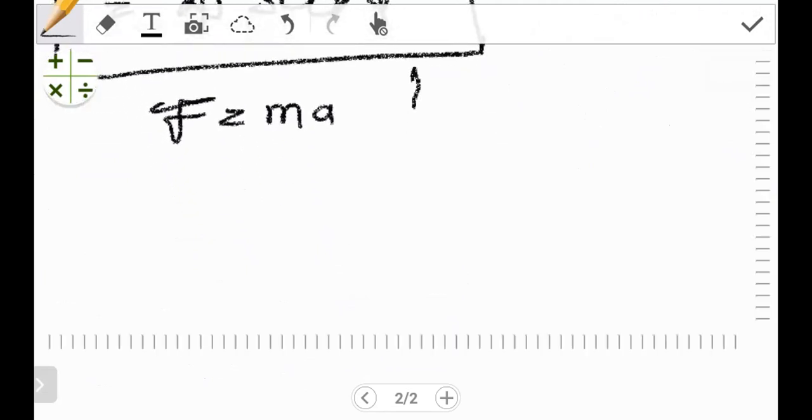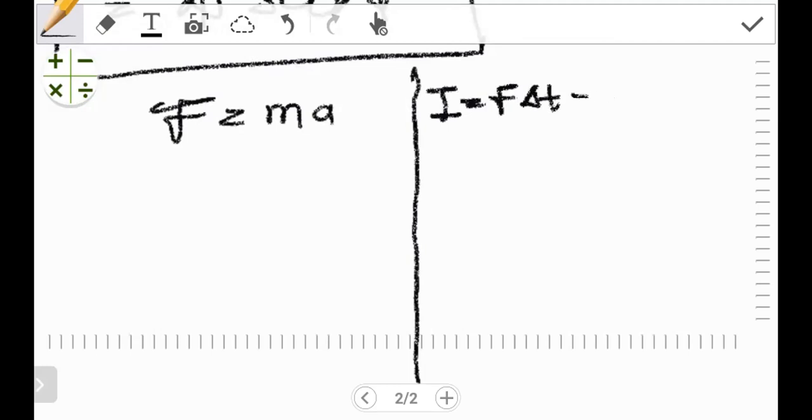But if you don't want to use this approach, you can still use momentum. Since the topic is momentum, you can still think about force. Where does force come in under momentum? It comes in under impulse. Remember, impulse is equal to two things. In one way, impulse is equivalent to the force times the change in time. Apart from this, impulse is also equivalent to the change in momentum.